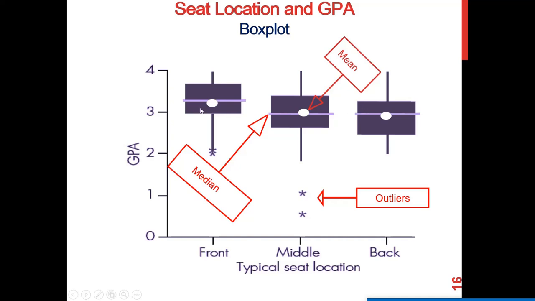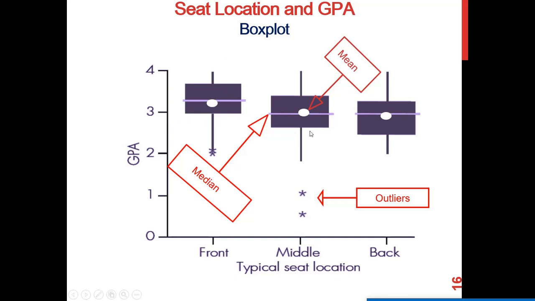Then the lower boundary of this box is Q1. What is Q1? Q1 is the first quartile of the data. What do I mean by first quartile? Only 25% of the observations are below this boundary, whereas the remaining 75% are above this particular line.